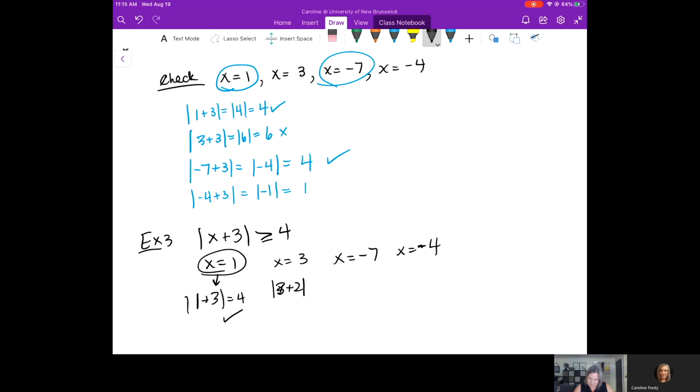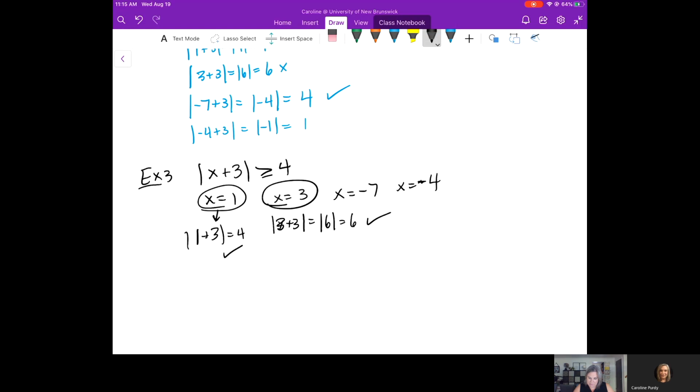Okay, so this is right, but this is 3 plus 3, which is the absolute value of 6, which is 6, and yes, 6 is greater than 4, so this is now an answer. When I plug in -7, it will also work. -7 plus 3 is equal to -4, and the absolute value of -4 is 4. And then -4 won't work.